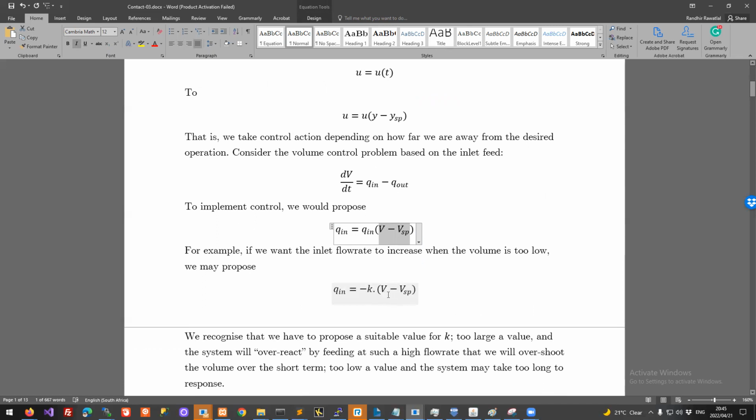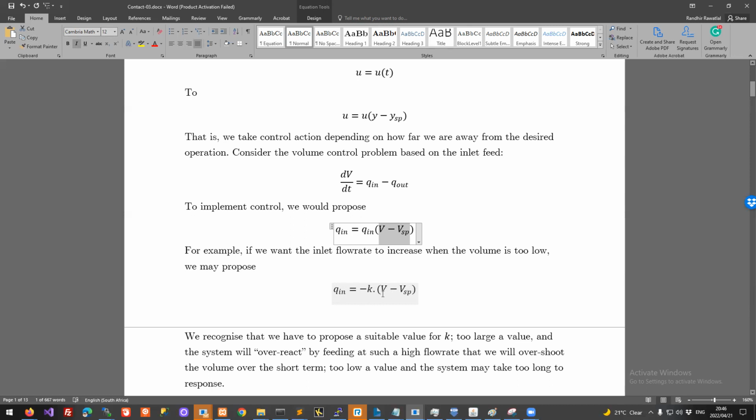So if you think about this, if the volume is lower than the set point value, if v is less than v set point, then this number will be negative, and then minus k times that will give us a positive number. In other words, the smaller the value of y away from the set point, the greater will be the flow rate in. So we will want the flow rate into the vessel to increase until v equals the set point value.